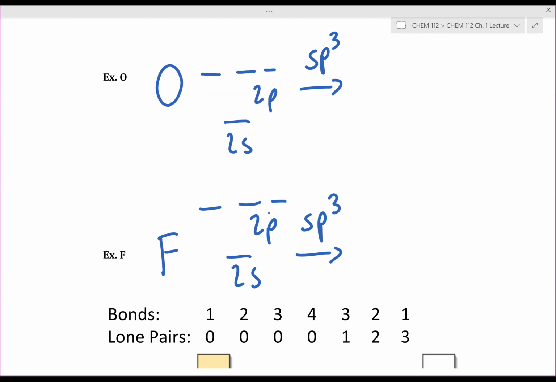So if you have 4 orbitals, place 6 electrons, that's going to help. And for hybridization, we're only going to use the outermost 2s and 2p. Yep. That's good so far. Any questions? Yep, that's good.